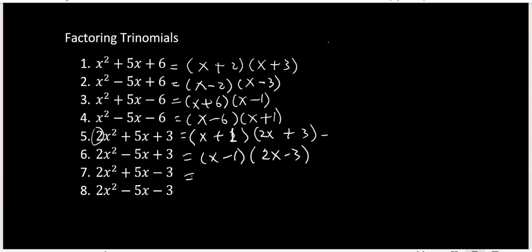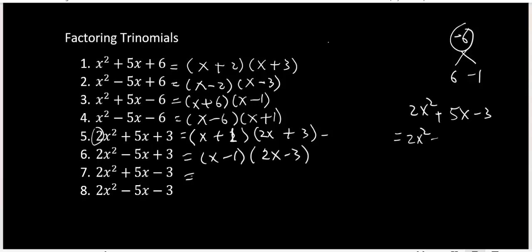So now 2 times negative 3 for number 7 gives me negative 6. And I need the factors that will make it 5 when I add. So it should be 6 and negative 1. So then 2x squared plus 5x minus 3 is written as 2x squared plus 6x minus x minus 3.